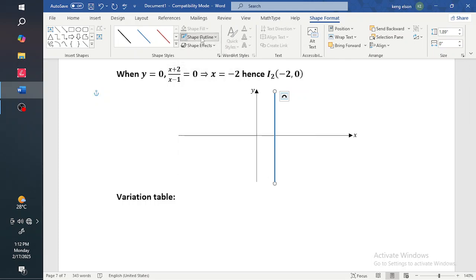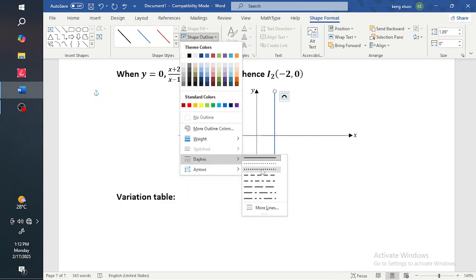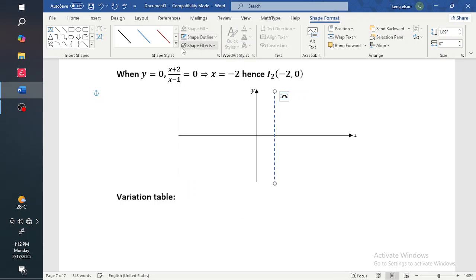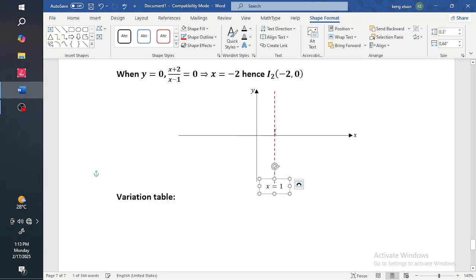Let me increase the thickness, then I give it dashes. So that is a vertical asymptote, and I'm going to label it x equal to 1. It is passing through x equal to 1 on the x-axis.